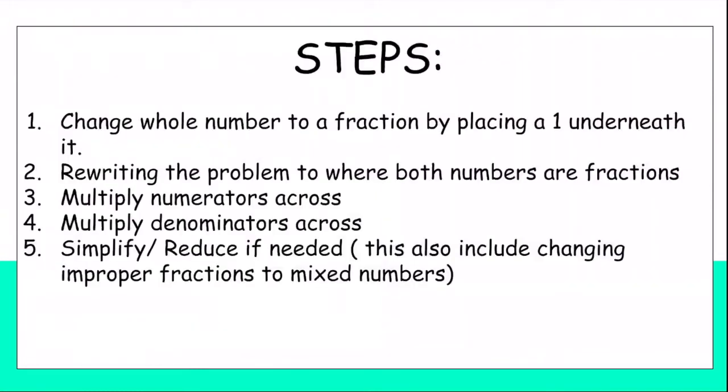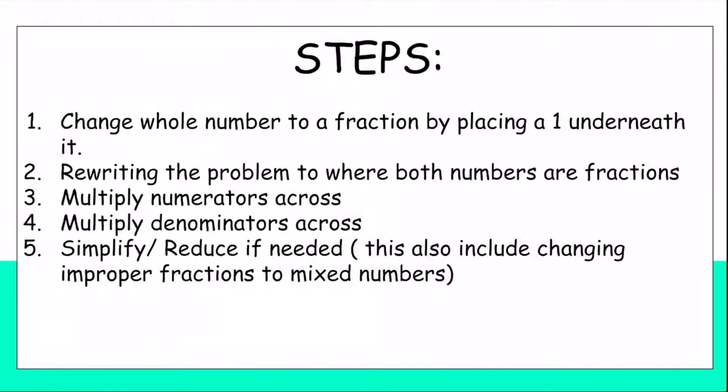So, now that we know how to do that, here are some steps that we need to know when we are multiplying fractions with a whole number. The first step is we first and foremost need to change the whole number to a fraction by placing a 1 underneath it, just like the examples I showed you before this slide.